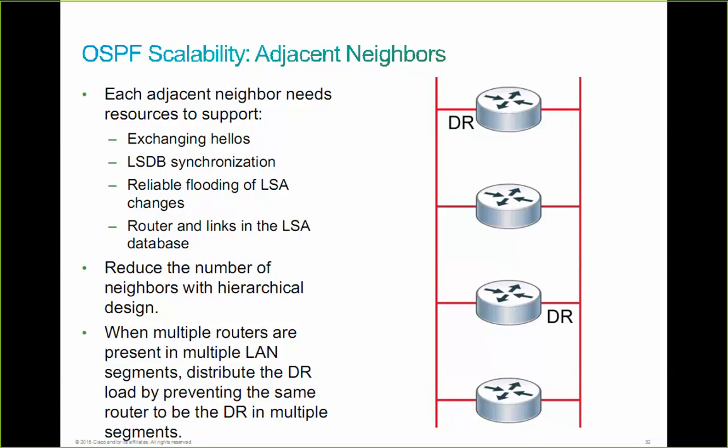What is the overall goal of the DR-BDR process in OSPF? Can anybody describe that to me? I mean, I'm going to describe it in a minute if you can't, but can anybody describe the overall goal of having a DR-BDR on a multi-access segment?